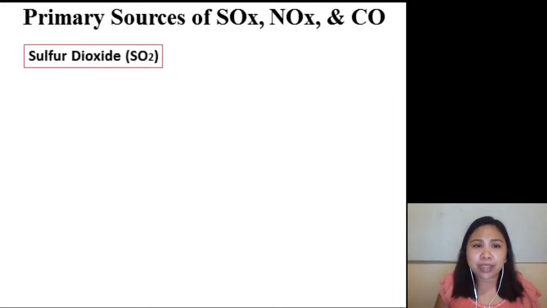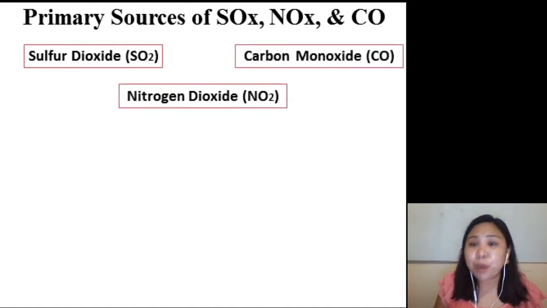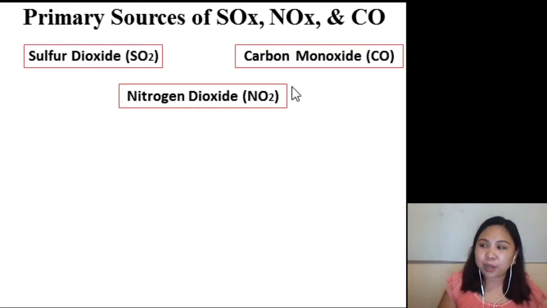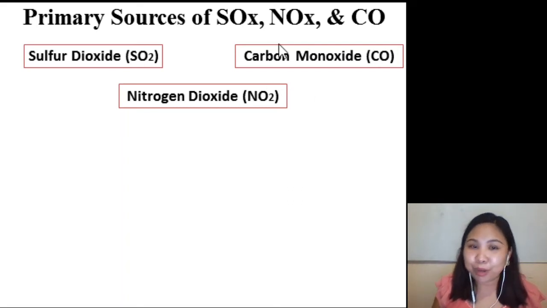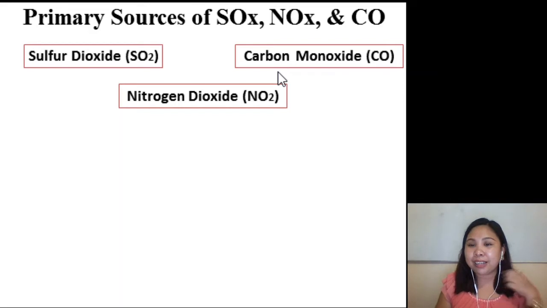We have the sulfur dioxide, the nitrogen dioxide, and the carbon monoxide. Ayan. So, bakit ma'am wala po dyan yung carbon dioxide? Because carbon dioxide is a greenhouse gas, which is a result kapag etong carbon monoxide ay nag-interact. Okay, mamaya makikita nyo yung chemical equation.